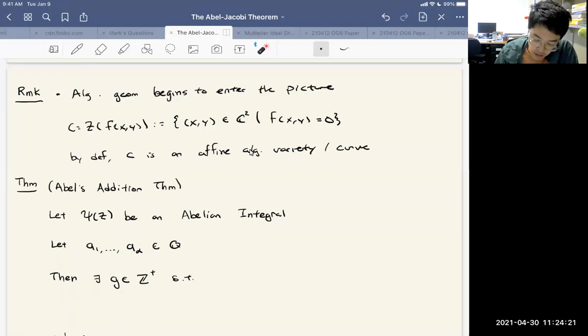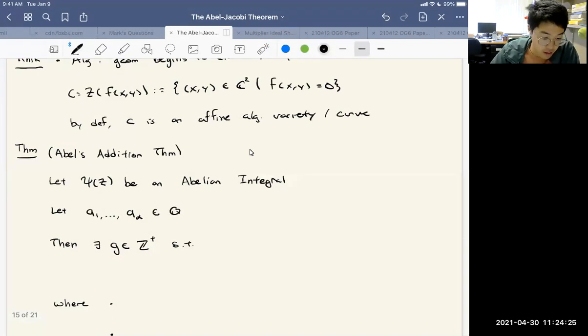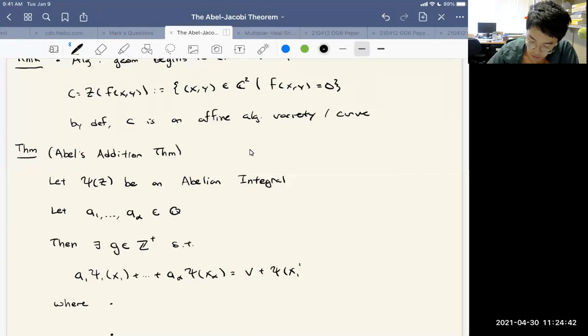And then he shows there exists a positive integer g such that the following expression holds. a1 psi of x1 plus ... plus a alpha psi of x alpha is equal to v, which I'll define in just 1 second, plus psi of x1 prime plus ... plus psi of xg prime.